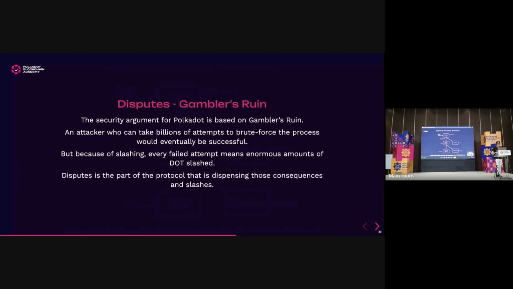And the whole security argument here is that it is technically possible to be lucky as an attacker, submit an invalid parachain block, and just hope that the first 30 checkers are your buddies, your malicious validators. But as I mentioned before, the chance of it happening is extremely small.